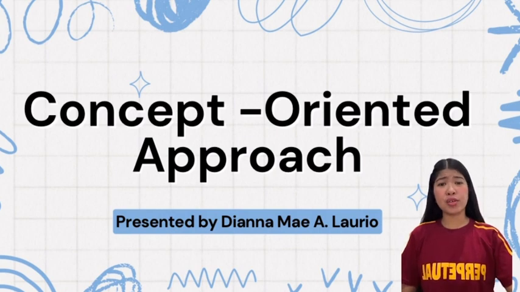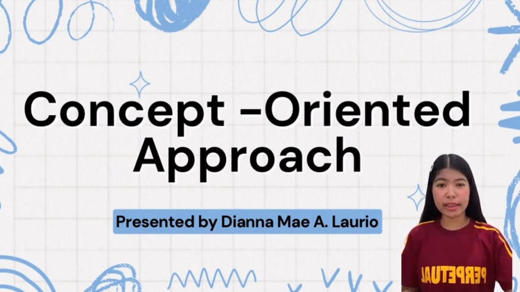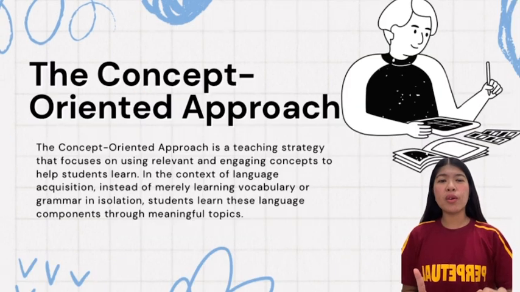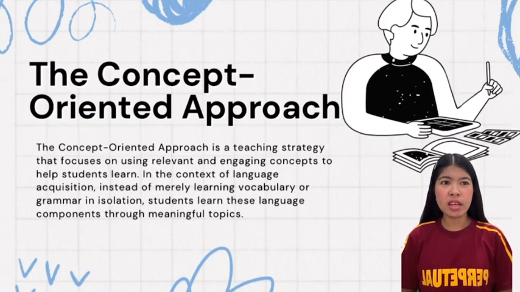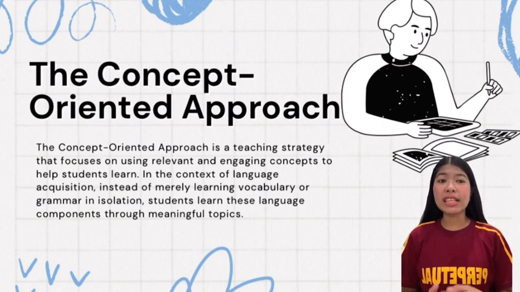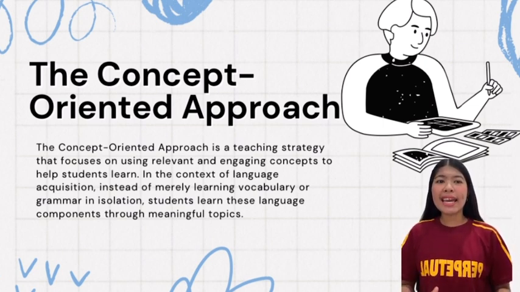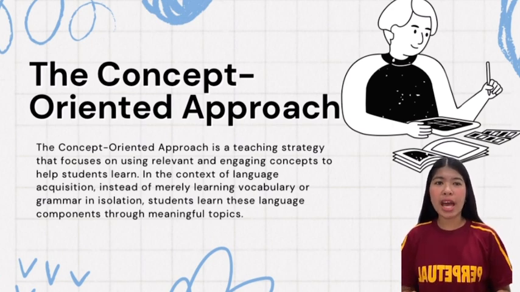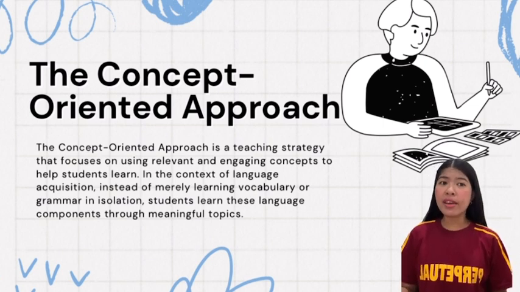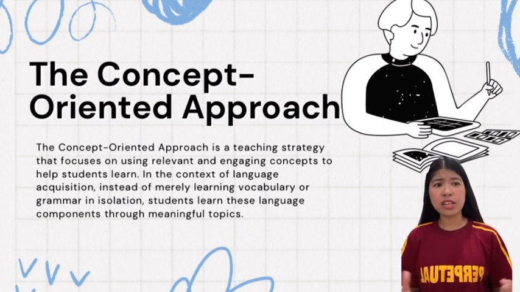So by definition, what is COA or concept-oriented approach? According to the definition, COA is a teaching strategy. It focuses on using relevant and engaging concepts to help students learn in the context of language acquisition instead of merely learning vocabulary or grammar in isolation.